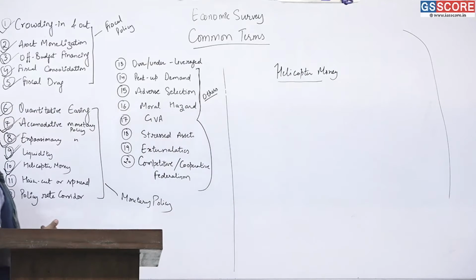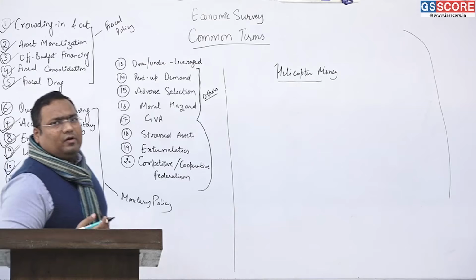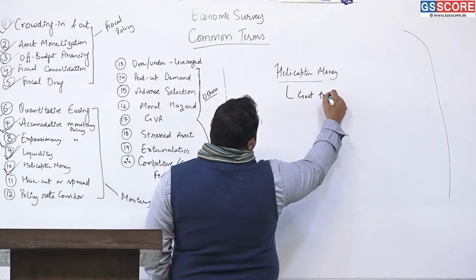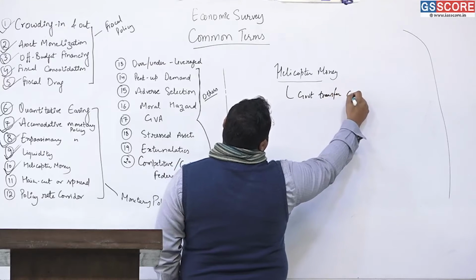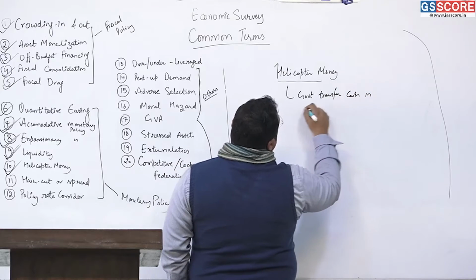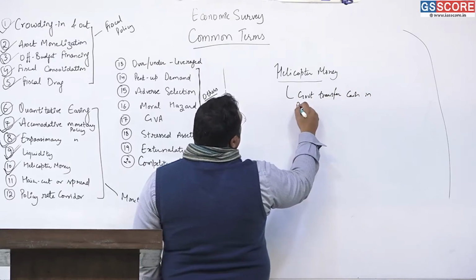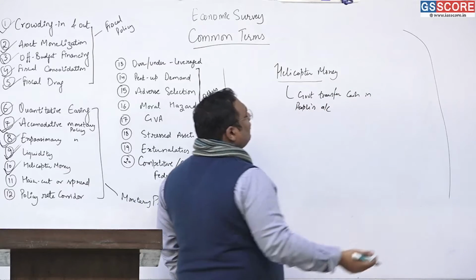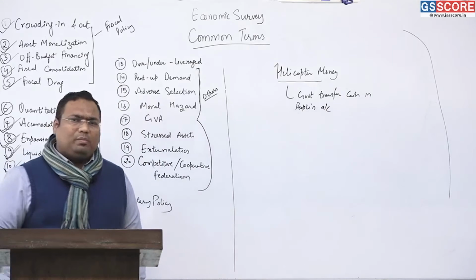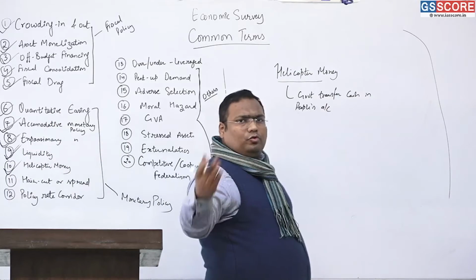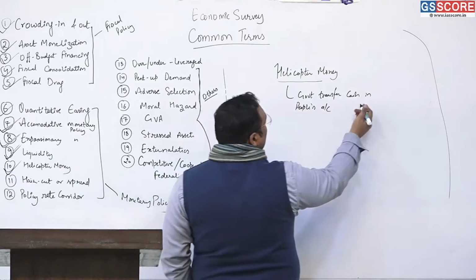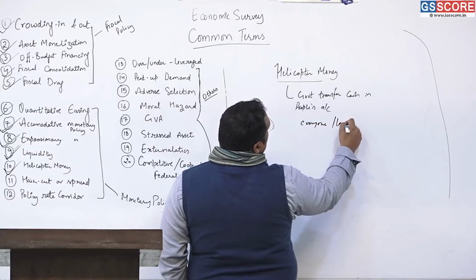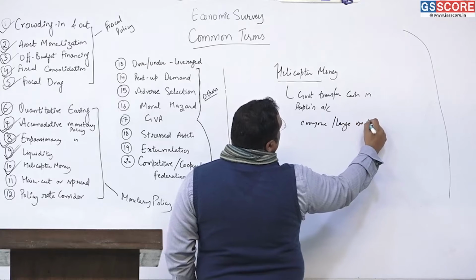What is helicopter money? Helicopter money is when government transfers cash into people's accounts, or whatever way government gives cash to the public, to everyone or to a large section.